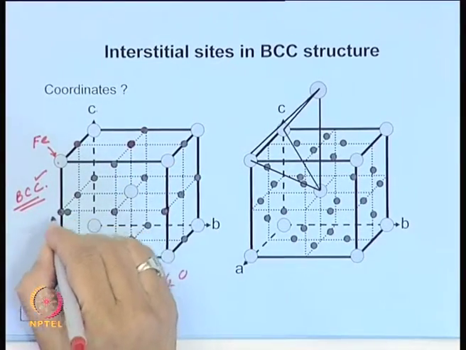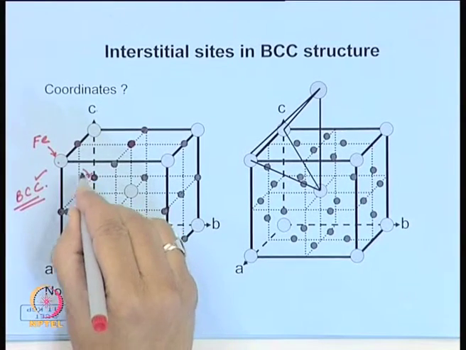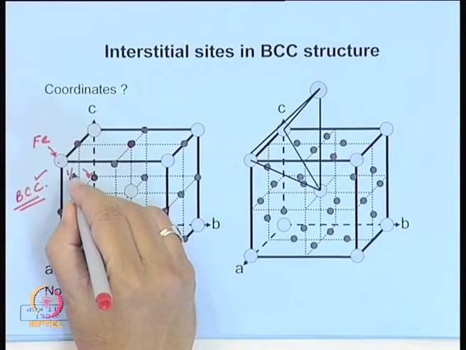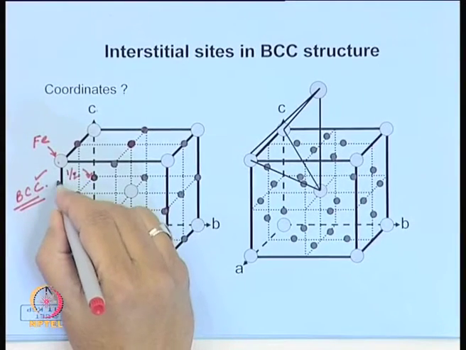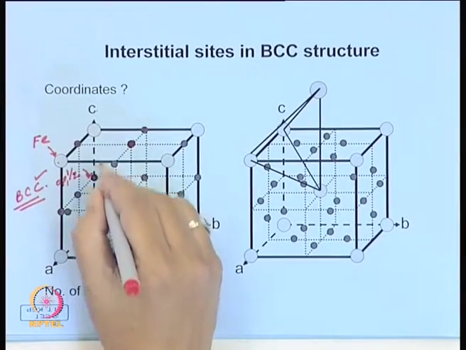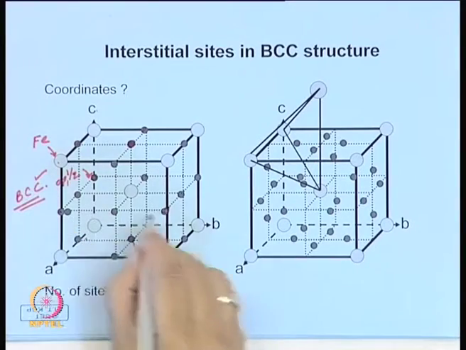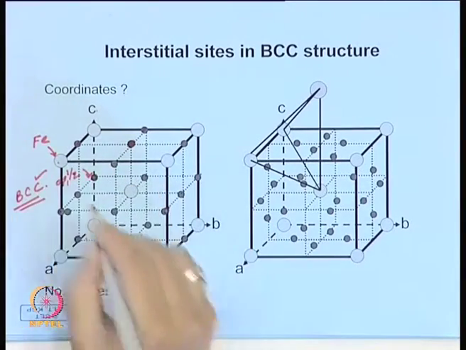In addition, we also have sites at these points. If you look at this coordinate, it will say half, 0, 0, half. This is midway along the C axis. Similarly, you have one particular point on each of these edges.